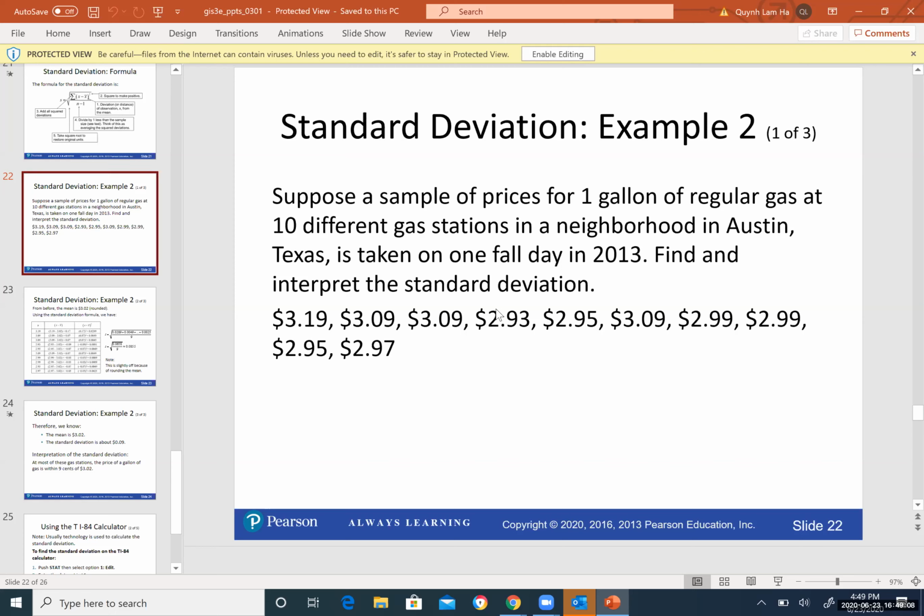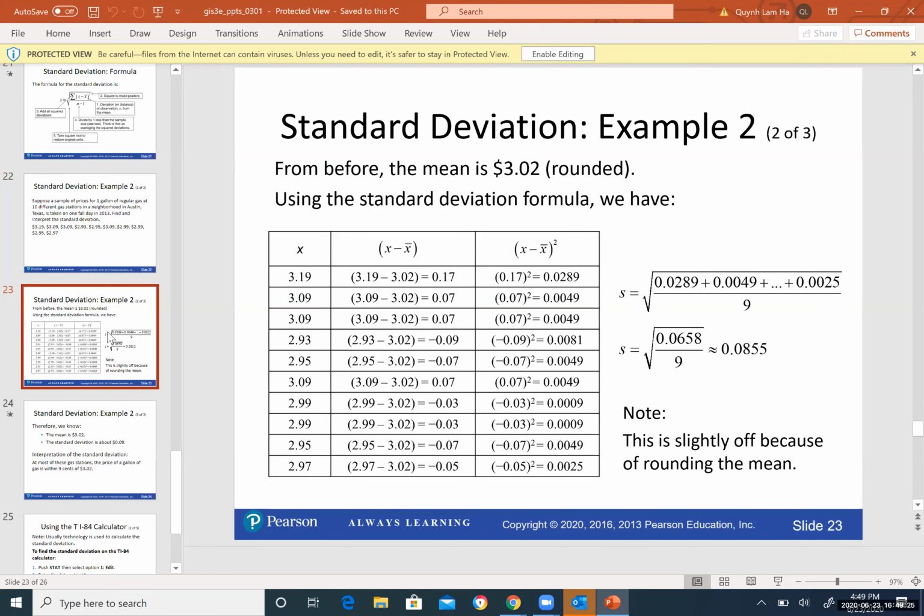So we have the following example. Again, they come back with the gas stations. In order to compute the spread of the data around the mean, they have to do a long process by hand. But in this class, because we do mostly online learning, I don't expect you to compute by hand. But you should at least look at how they do it by hand right here. They have a table like this.